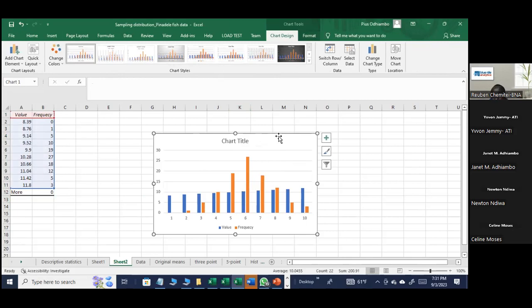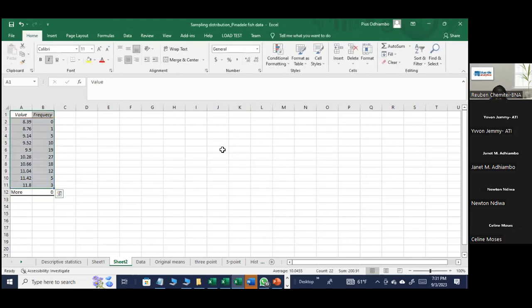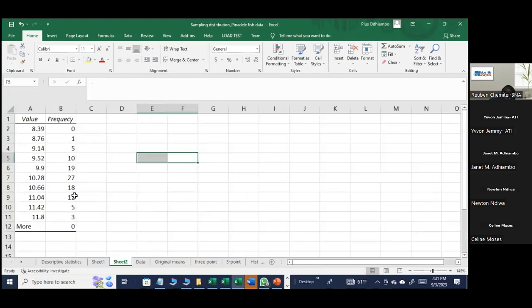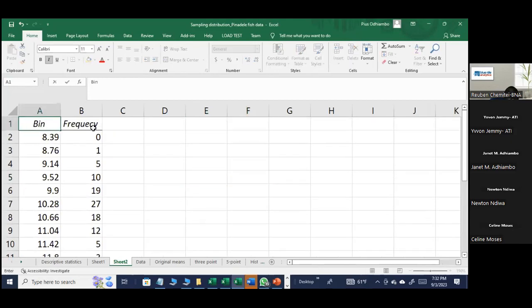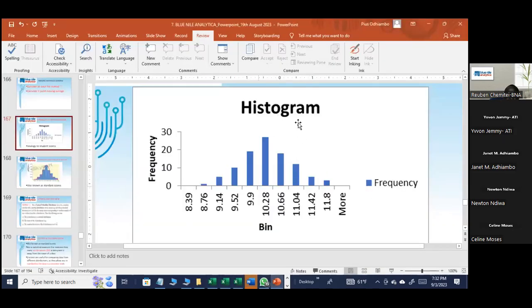Now I'll try to find out why this is not working, but you should be able to get these values here as the pin. This one was pin, and then the frequency here. You have the frequency. This one is giving me properly well, but the expected output should be this one here. You see this histogram where we have the pin, and then we have that.